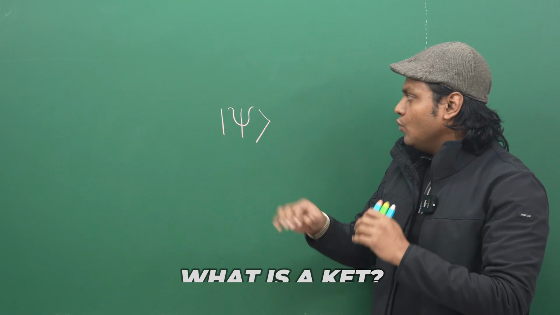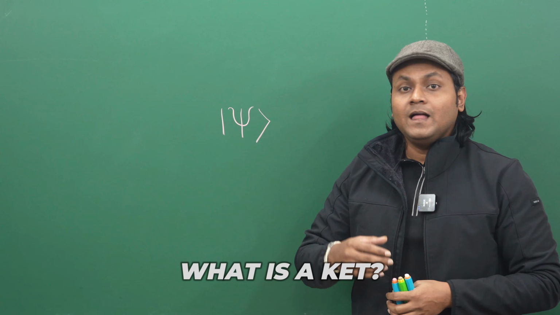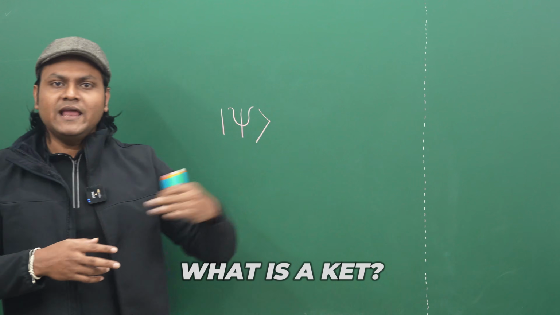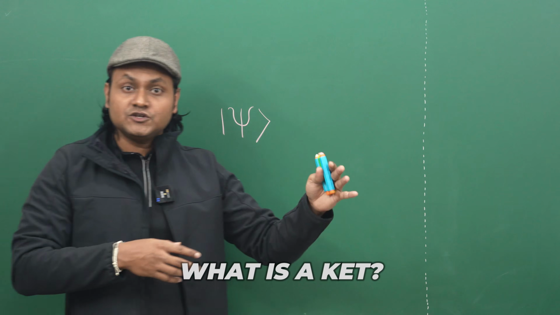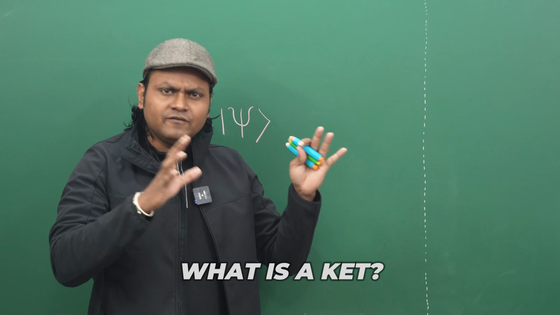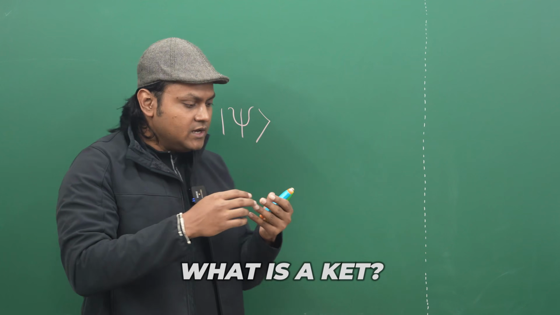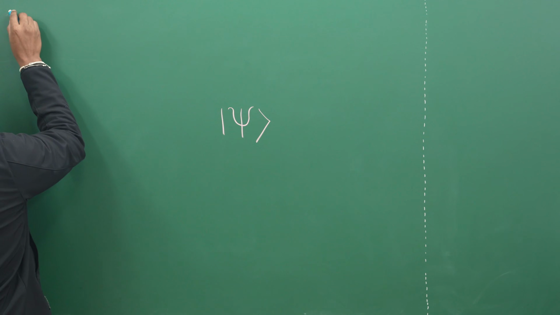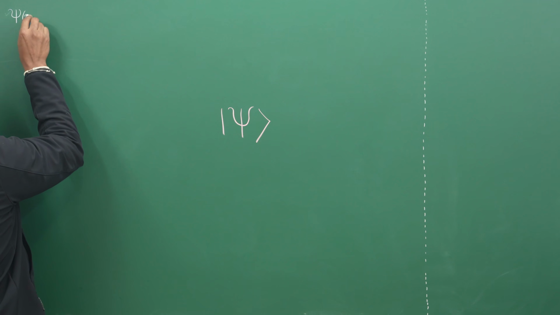So first of all, what is a ket? You see, till now, in all our earlier lectures, the entire playlist of 40 lectures of Introduction to Quantum Mechanics, we have more or less discussed this concept called the wave function.